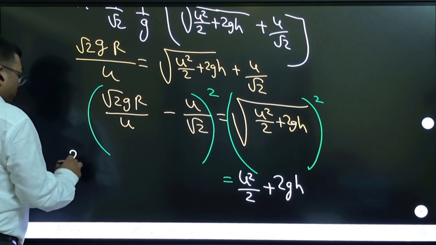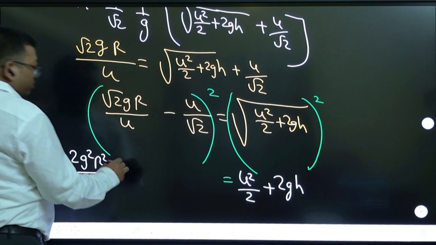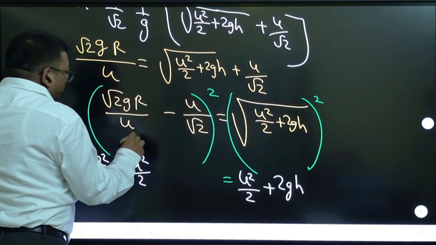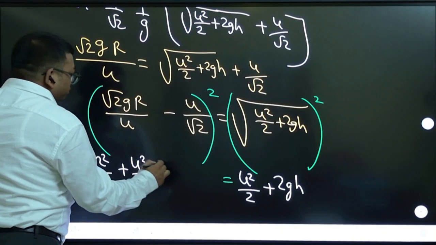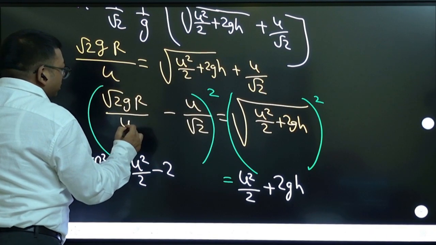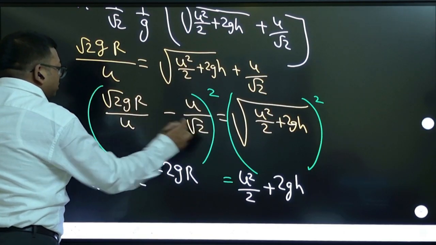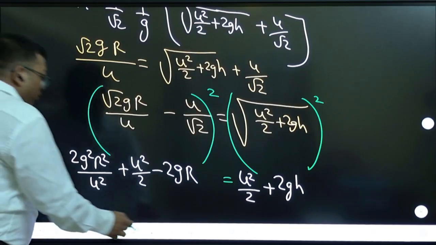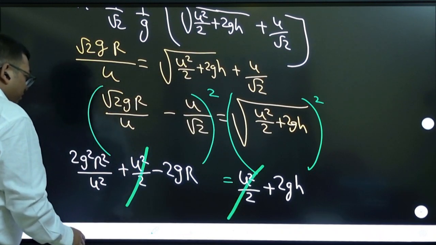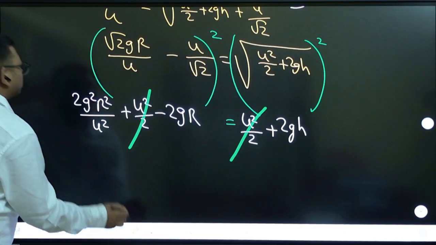So a square will give 2g square r square by u square. b square will give u square by 2. a square plus b square minus 2ab. So 2 times a will get cancelled. U also will get cancelled. So 2gr will come, I think, because this will get cancelled. Oh, fortunately, we are getting some simplified result because these terms will get cancelled. Yeah, yeah. Now we are getting it.